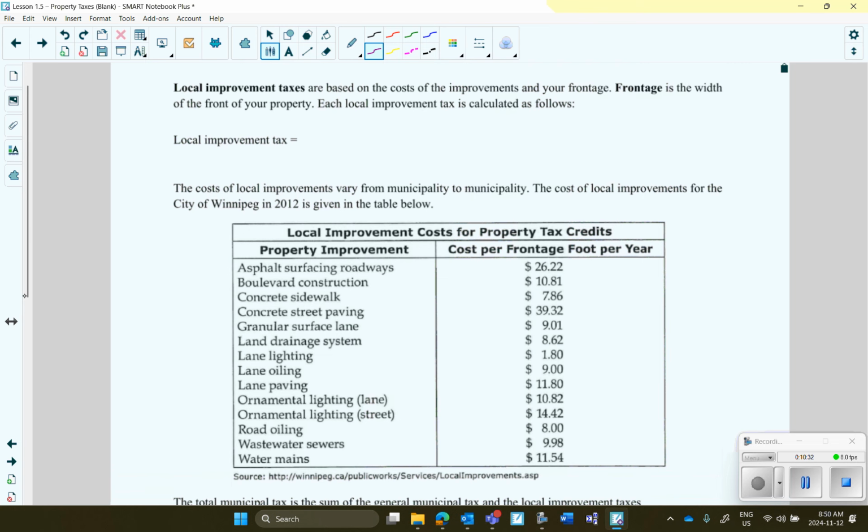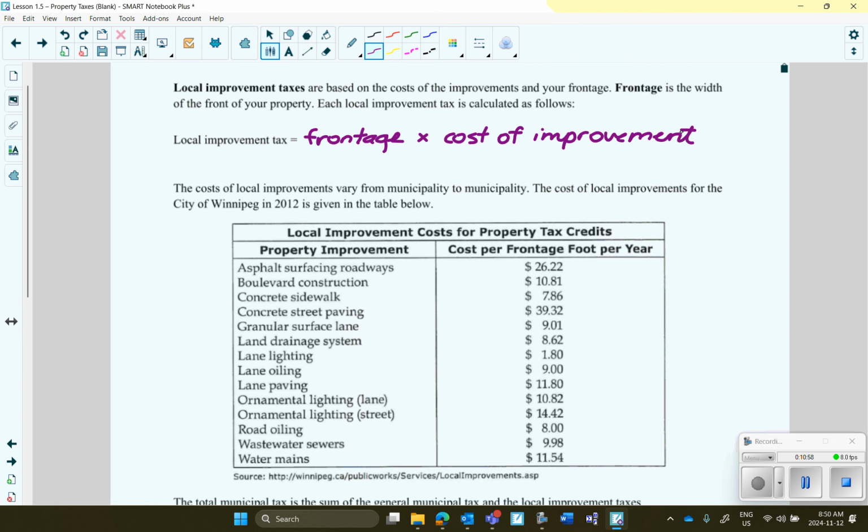So to calculate your local improvement tax, you take whatever your frontage is in feet times the cost of the improvements. You will always be provided with these various costs, and you can see them in the table below.